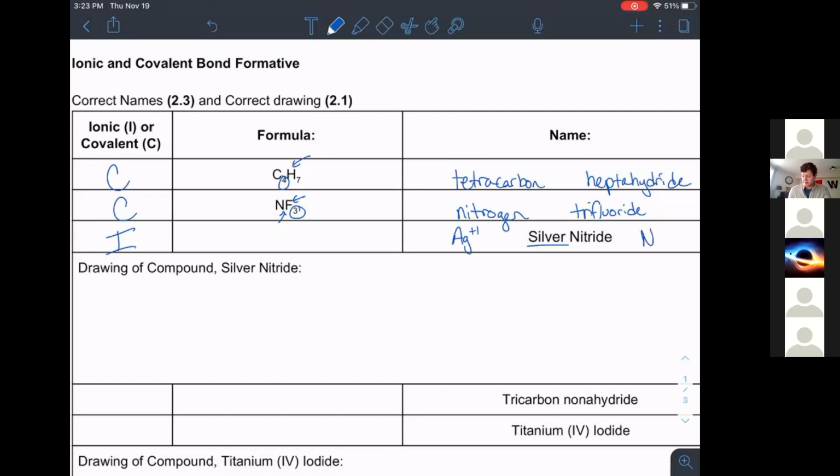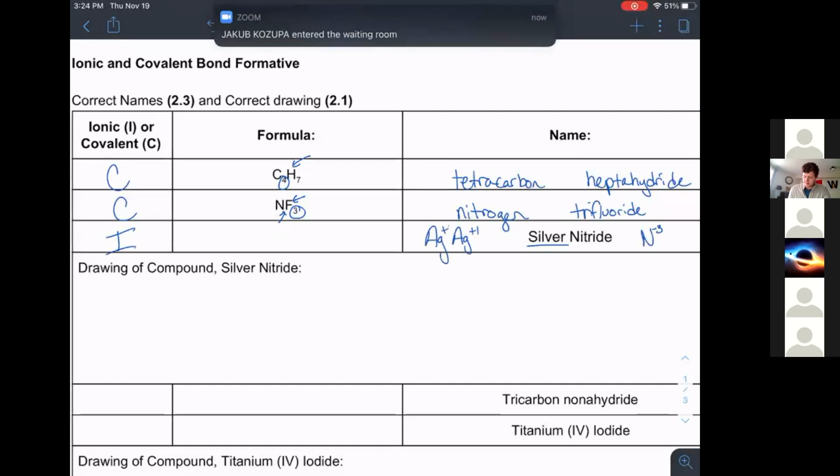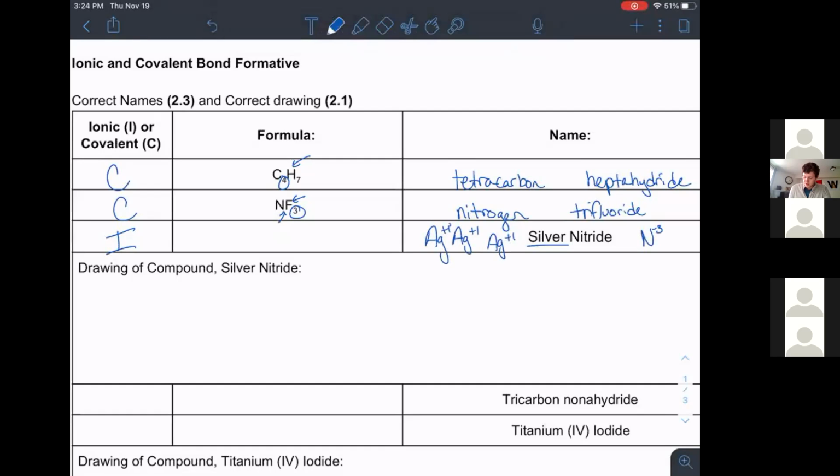Nitride is nitrogen with a -3 charge, which means we would need 3 silver with their +1 charge, so our charges can add up to 0. So if our charges add up to 0, we need Ag3N.